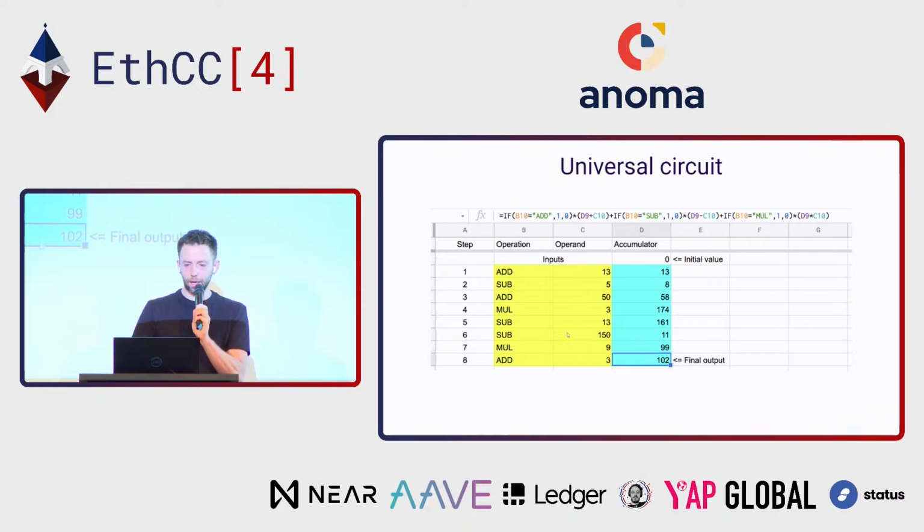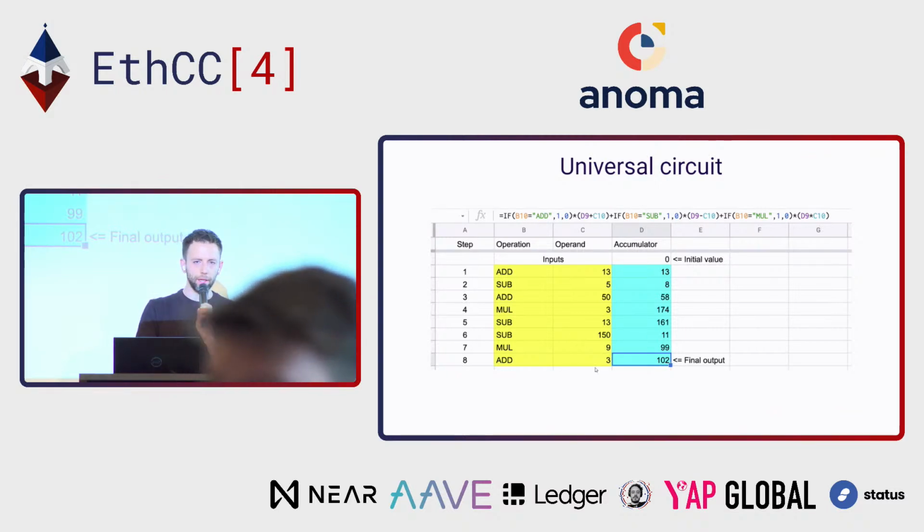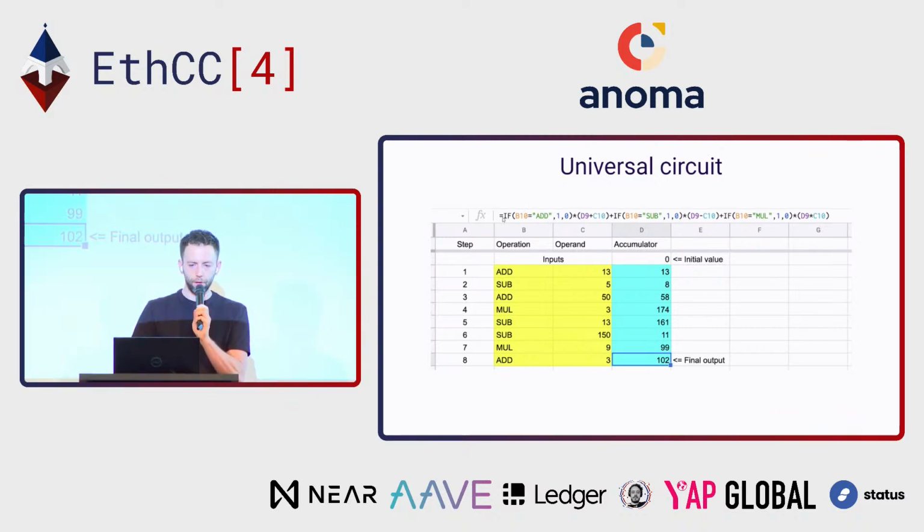If it's multiplication, then multiply it and take this value, and so on. If you read this formula and if you're proficient with Excel, you will immediately see what I mean. The formula at each step is the same, but depending on the operand in column B, we will take different values.